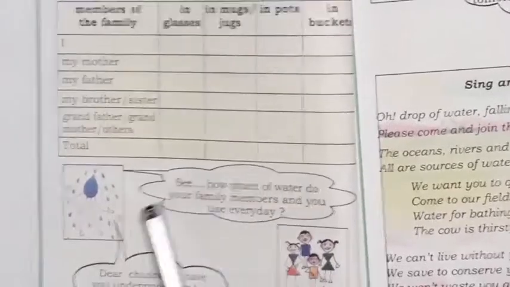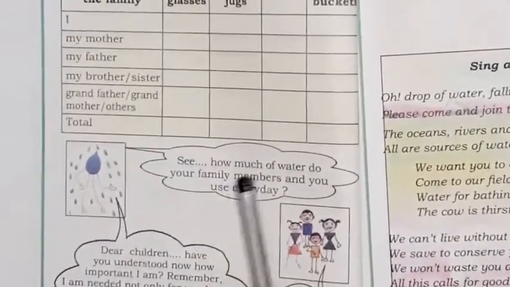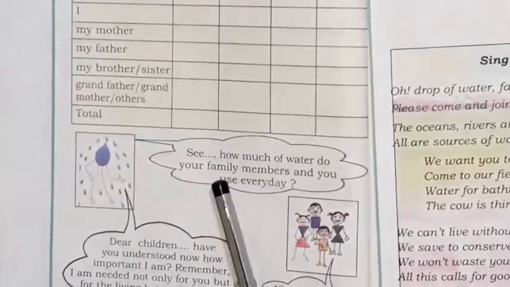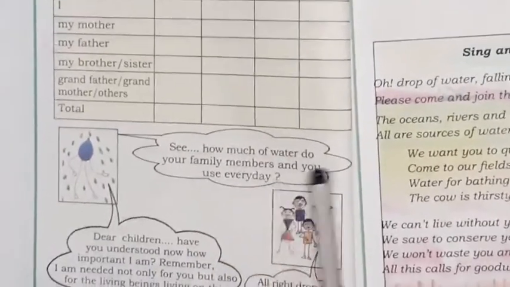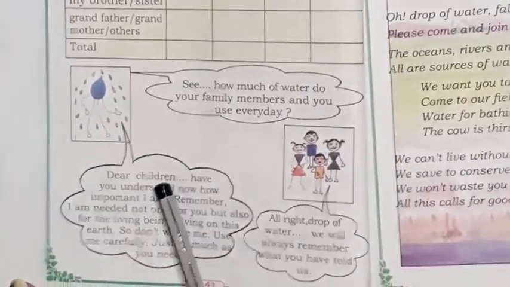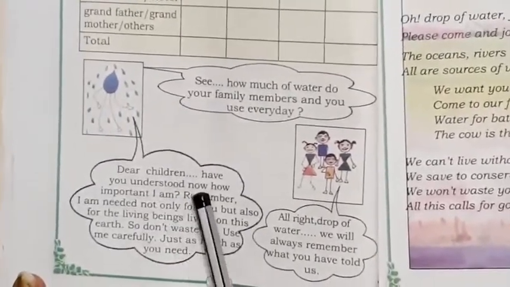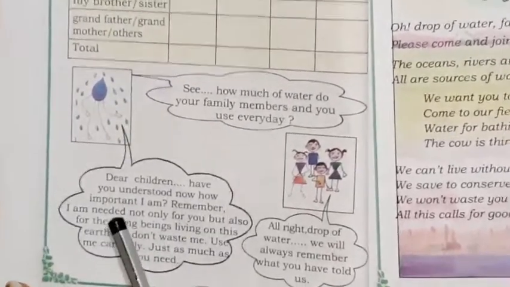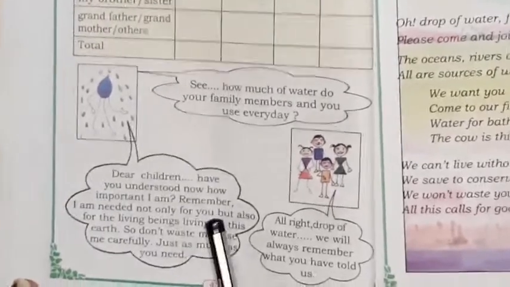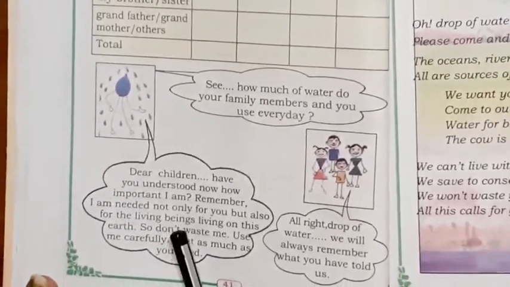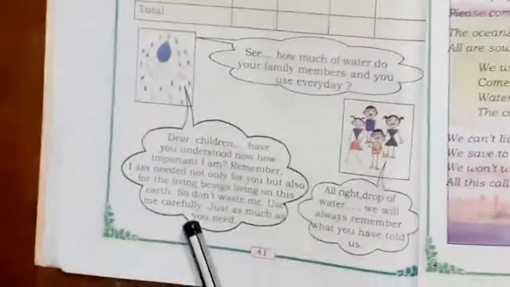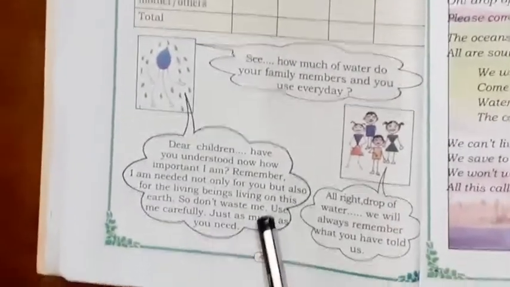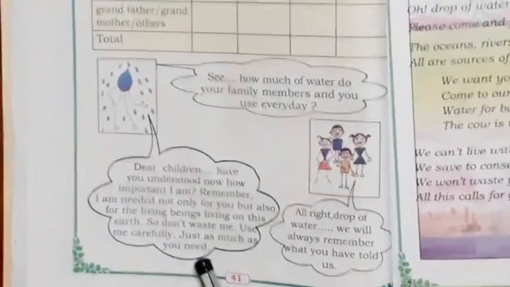See, children, the drop again. See how much water your family members and you use every day. Dear children, have you understood now how important I am? Remember, I am needed not only for you but also for the living beings on this earth. So, don't waste me. Use me carefully, just as much as you need.